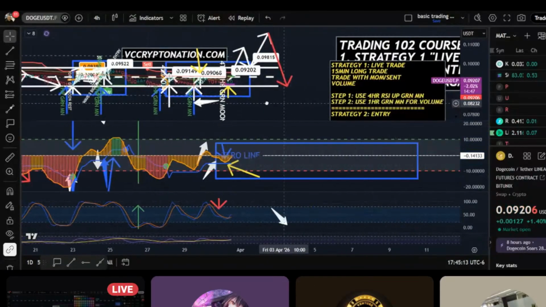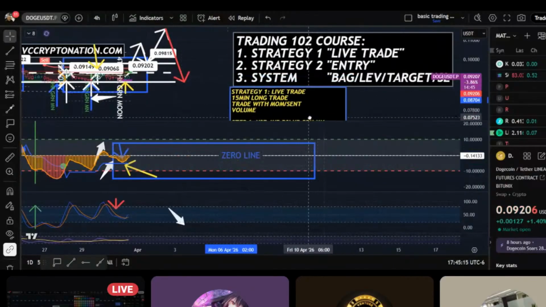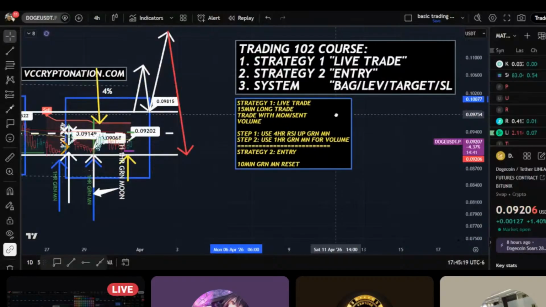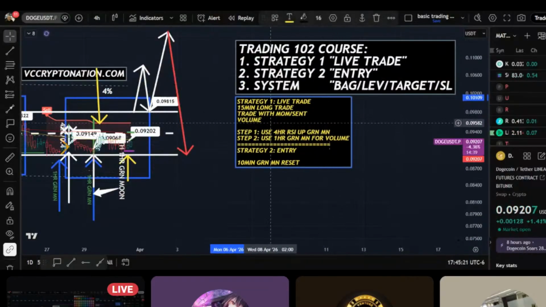And now that you have a long position, what you have to do is, when you're in the Discord, you need to post this correctly, right? So what you would be posting is when the 4 hour RSI is headed up, you'd post that inside the Discord. And when the 4 hour green moon hits, you would post that in the Discord.